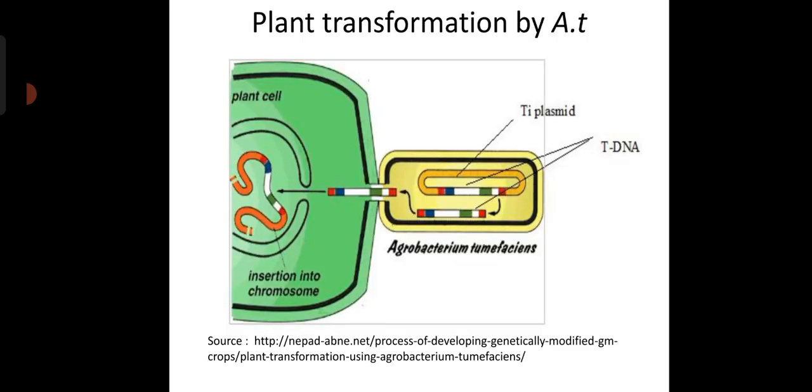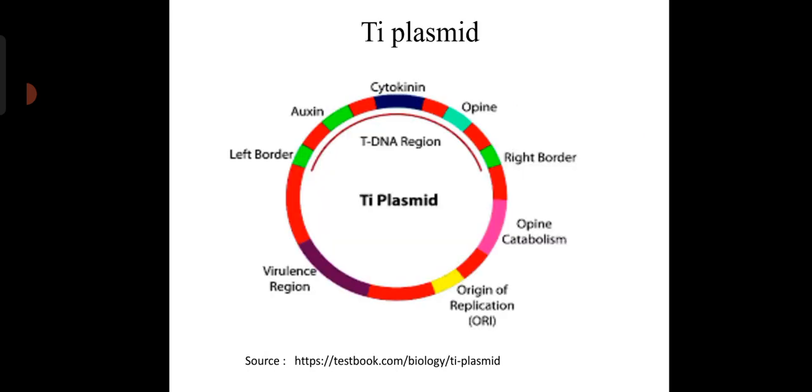The second is the virulence region. The Vir region is composed of at least 7 major loci A, B, C, D, E, F, G that code for enzymes responsible for mediating transfer of tDNA into the plant cell.